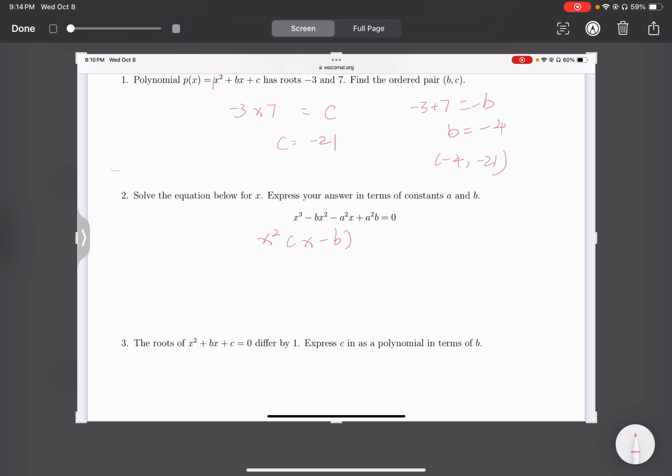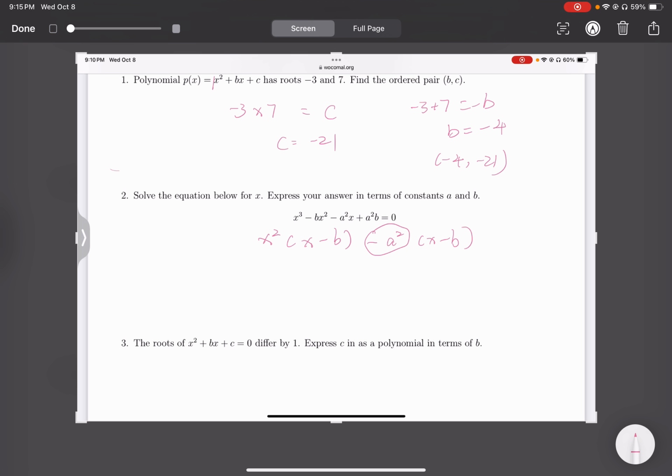And then the other two terms both have a squared, so we pull a squared out. What's left is x minus b, because there's a negative sign here. We pull negative a squared out, which gives us a positive x and negative b.